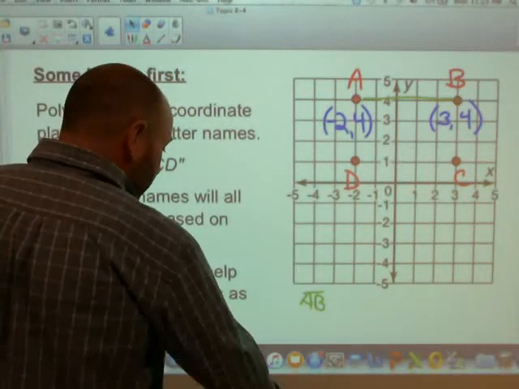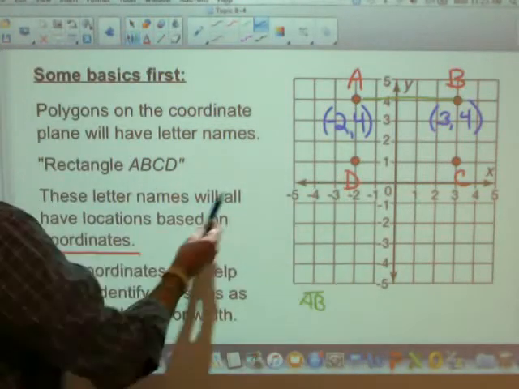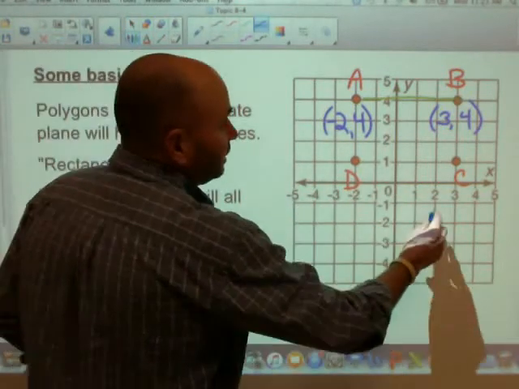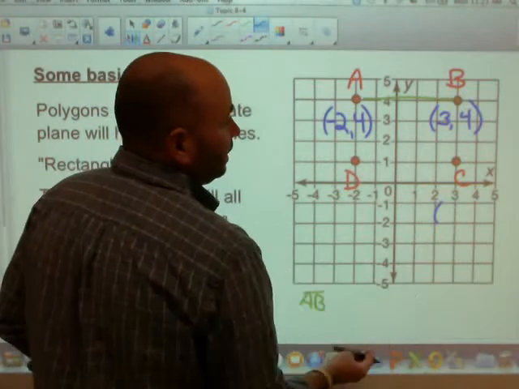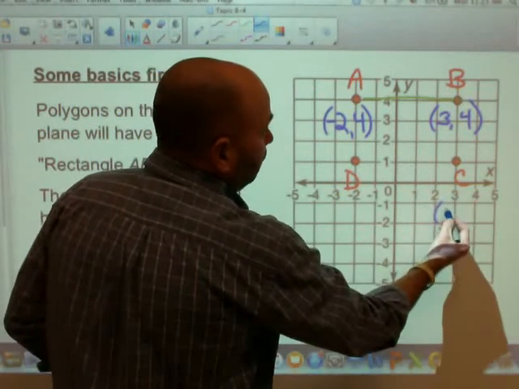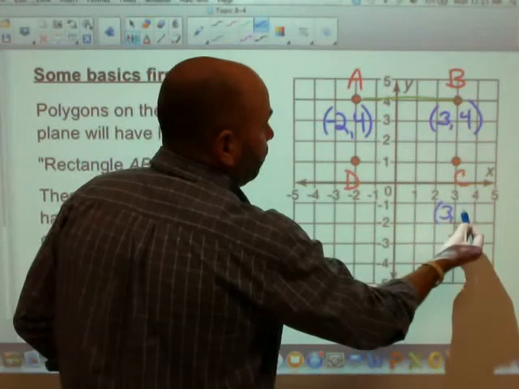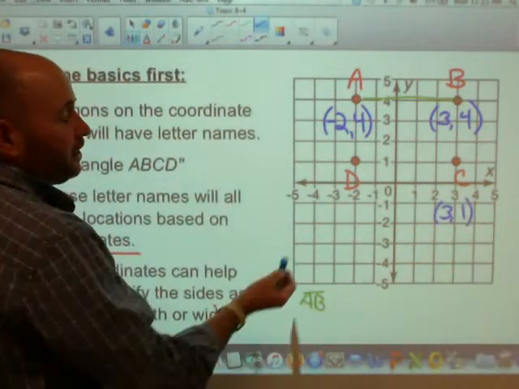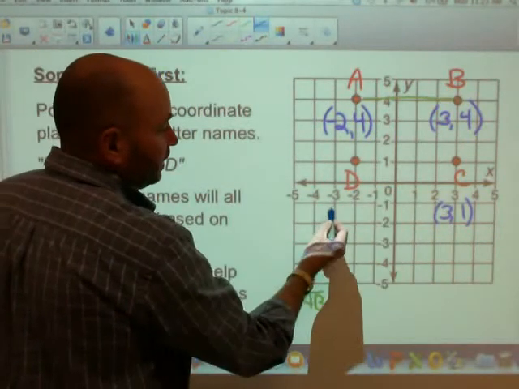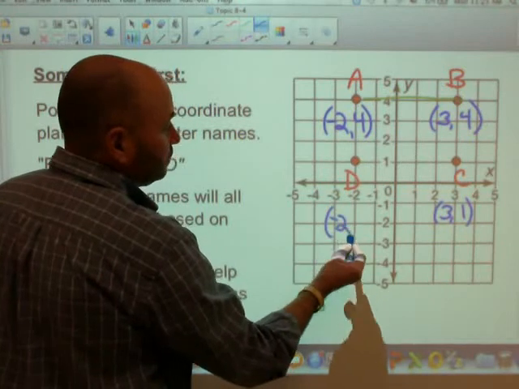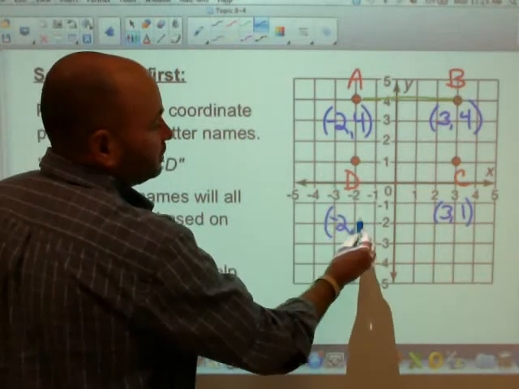If we look at the coordinates for D and C, we'll see that C has the coordinates of +3, +1. And then you'll look at D and you'll say D has -2, +1.